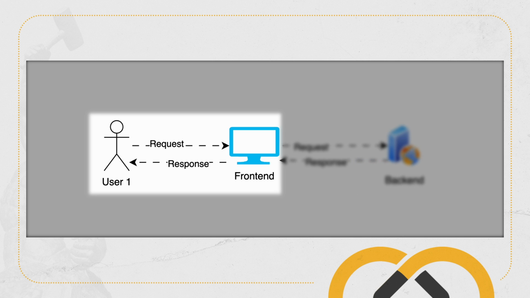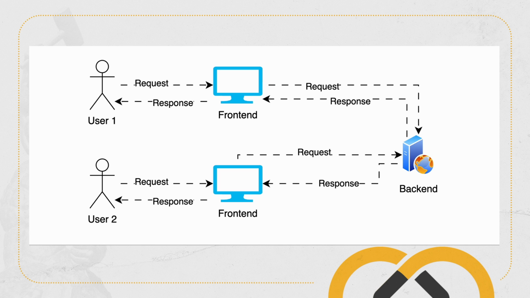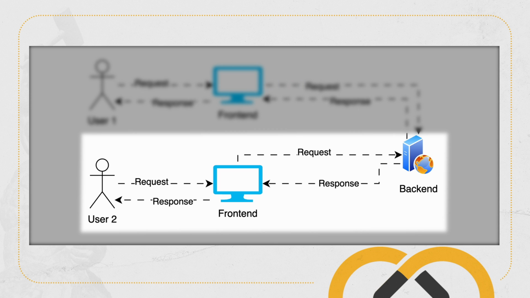But let's suppose now we have a second user. Let's call it user 2. User 2 will also try to use our AI voice assistant, and will send a message using the front end to the back end.